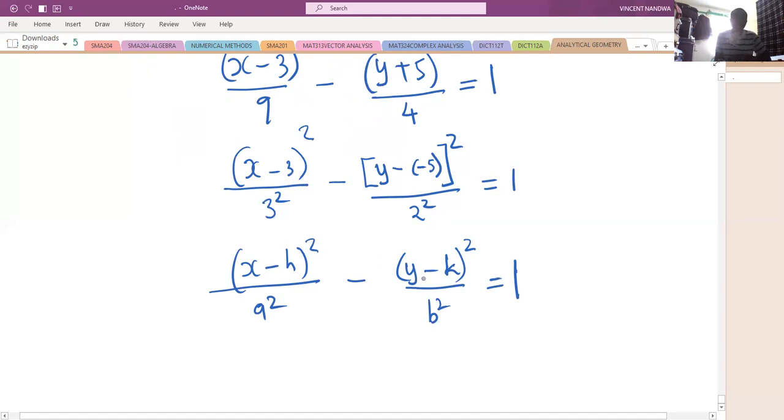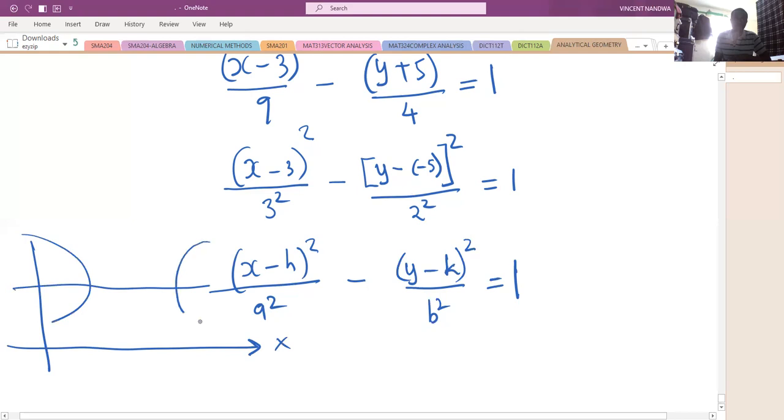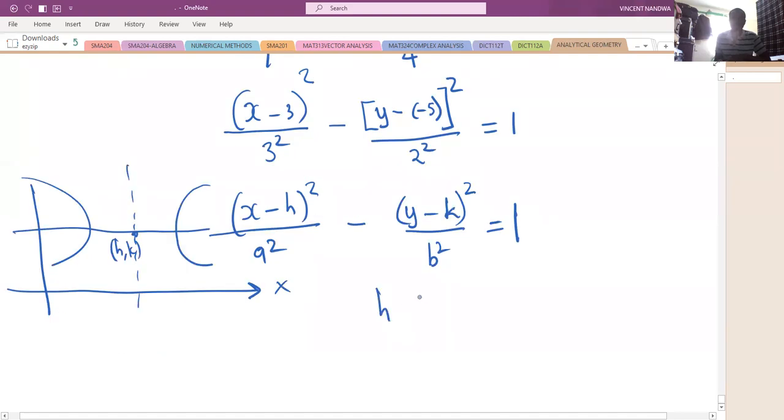So this is the scenario. So this is the transverse axis and this is h comma k. So from this one, h equals 3, k equals minus 5. So the coordinates of the center are 3 comma minus 5.